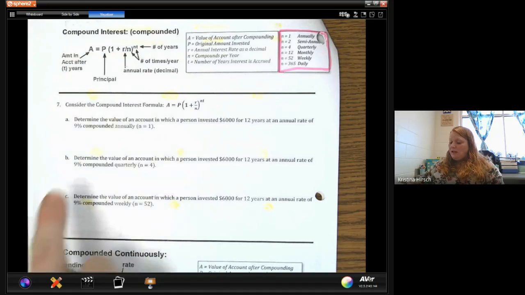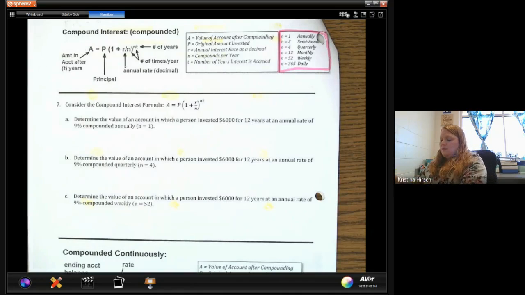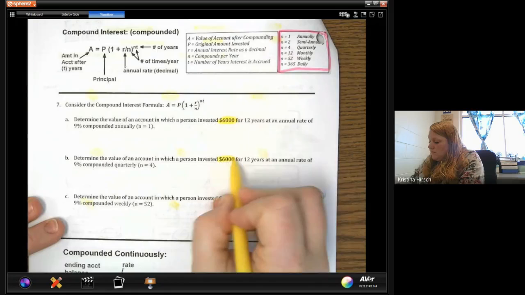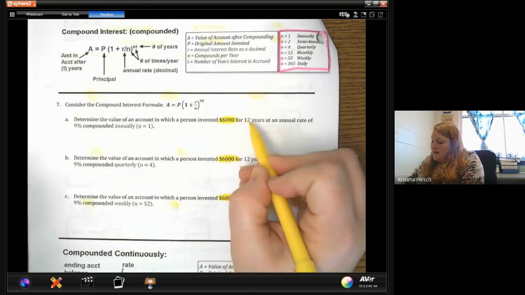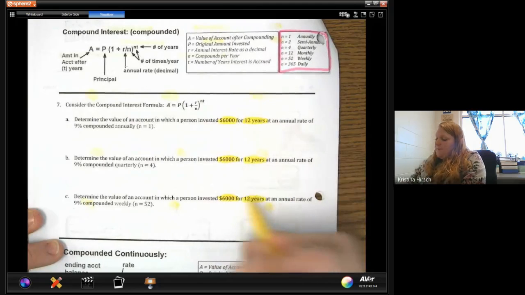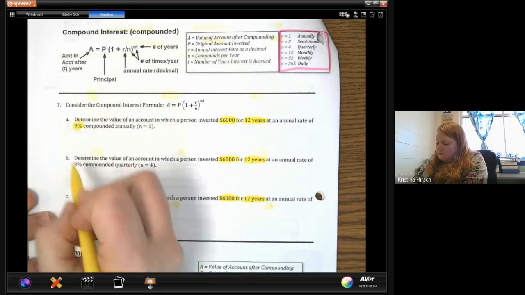All right. So when you look at these 3 examples, all 3 examples are the same exact scenario. All 3 examples is a person investing $6,000, and they're going to leave that money in their account for 12 years. So all of it is 12 years. And all 3 examples have an interest rate of 9%.